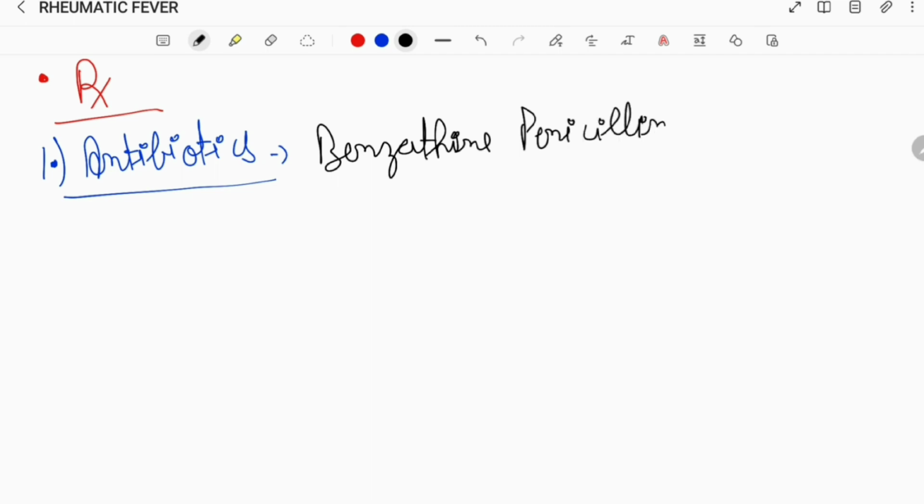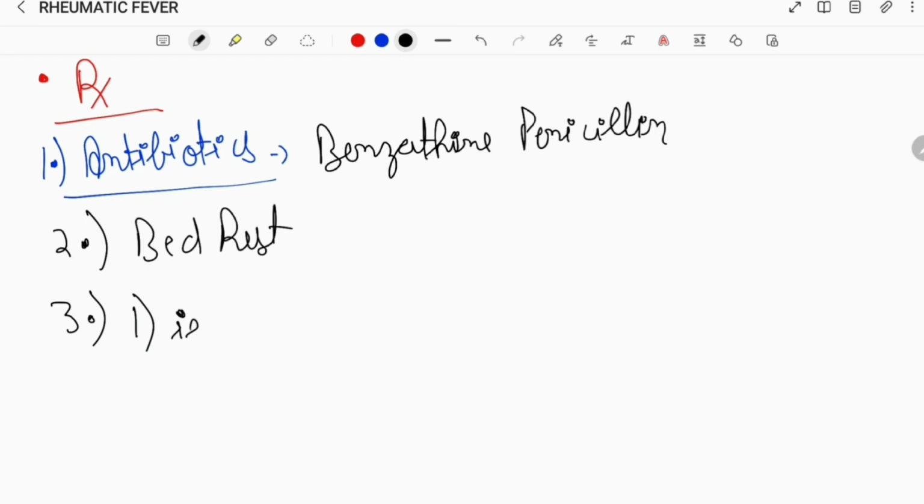Apart from that, you may go for additional things such as bed rest. You may need to take care of the diet if there is cardiovascular system involvement, which is seen in rheumatic heart disease.